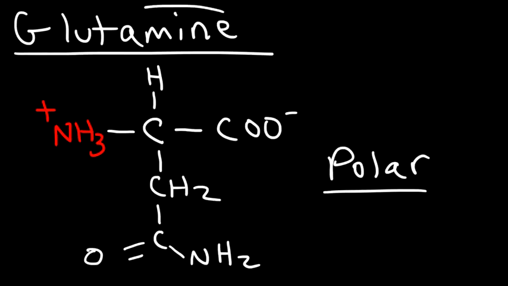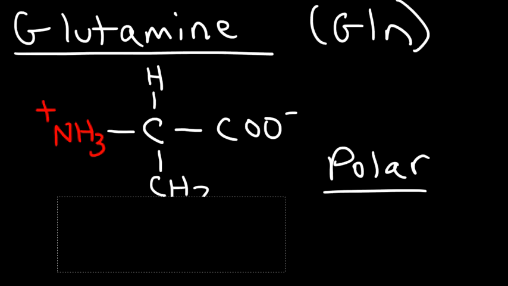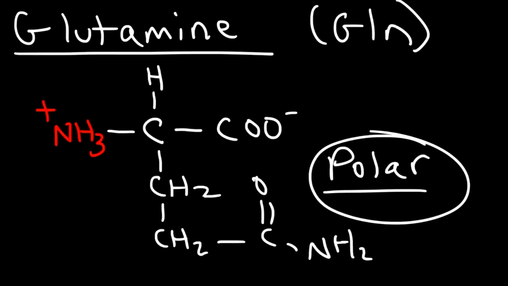But look at the word amine, glutamine. It tells you that it has basically an amide functional group. So like glutamate, there's going to be an extra CH2 group. So I'm going to put another CH2 group, and then after that, we're going to have the amide functional group. And like asparagine, glutamine is also a polar amino acid due to the hydrogen bonds found in the amide functional group.